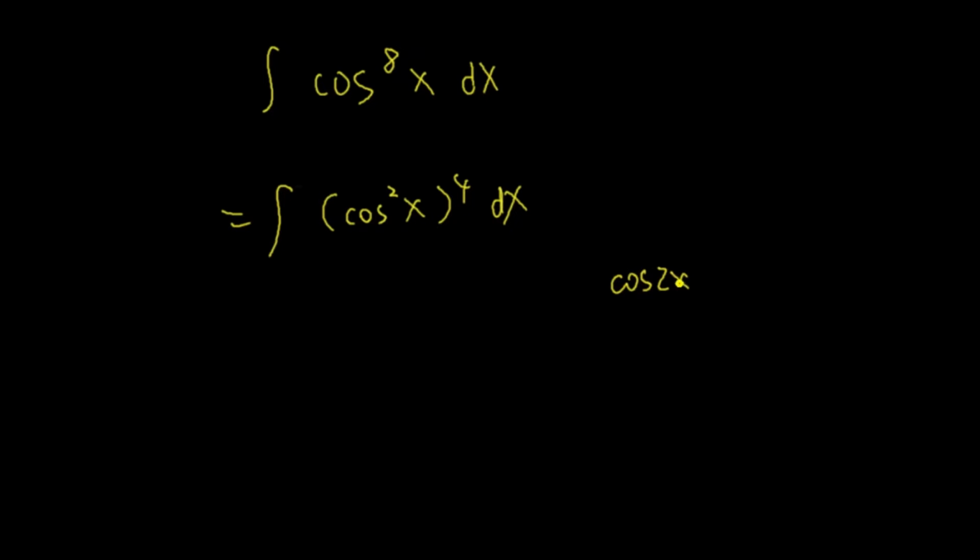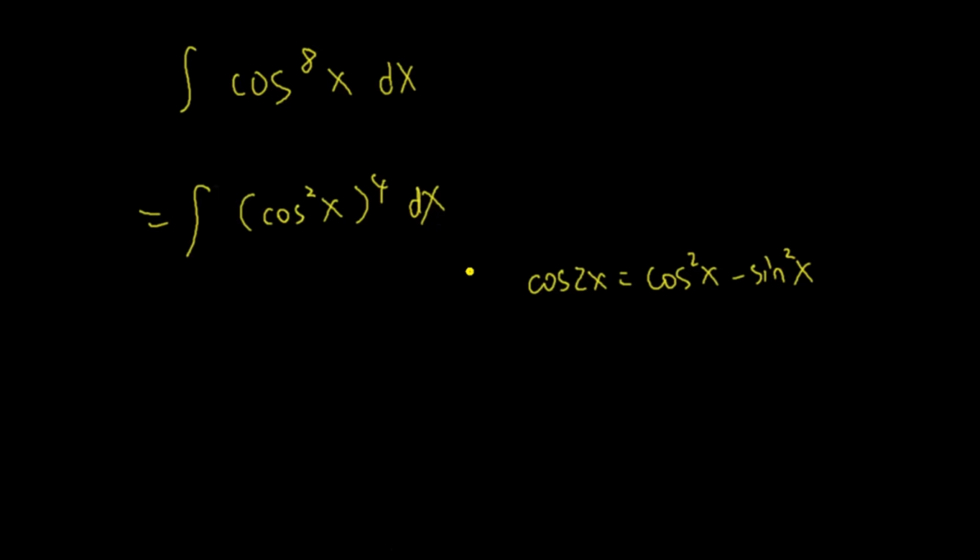Cosine 2x is equal to cosine square x minus sine square x. Now, I have a cosine square x here, so I have to isolate cosine square x. And we know that sine square x is 1 minus cosine square x. So I can rewrite this as cosine 2x equal to cosine square x minus (1 minus cosine square x).